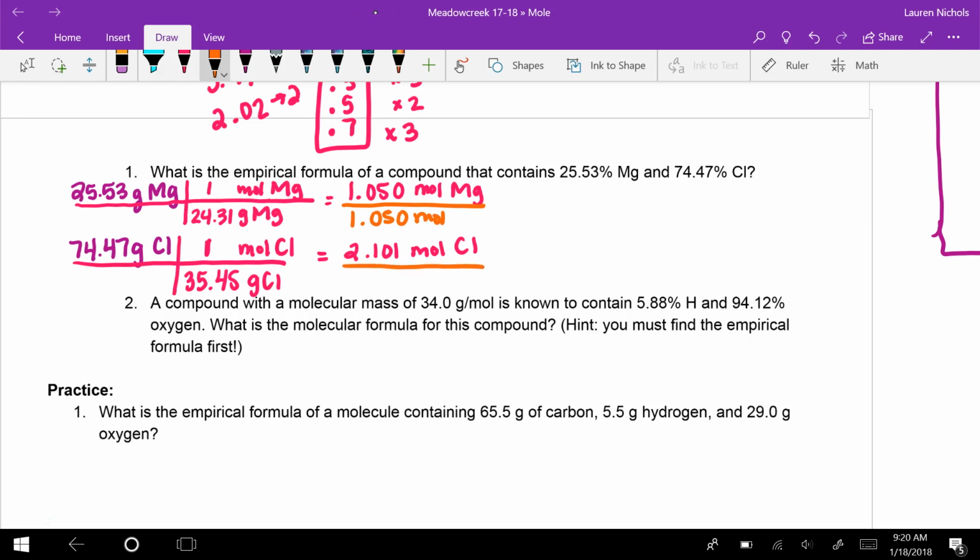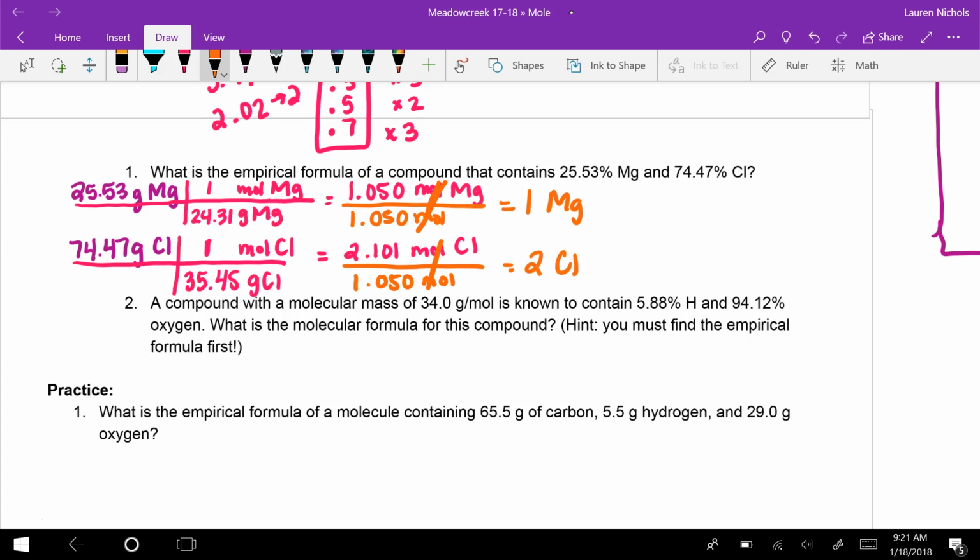That will not only eliminate my decimals, but it will also get rid of the unit of moles, and that's important because we're switching from percentages to grams to moles to just plain old atoms, like how many atoms or what's the ratio. So this will be 1 magnesium, and 2.101 divided by 1.050 will give us 2 chlorines.